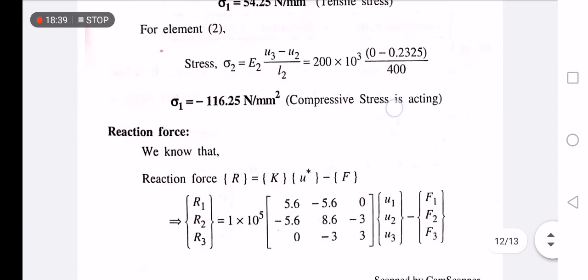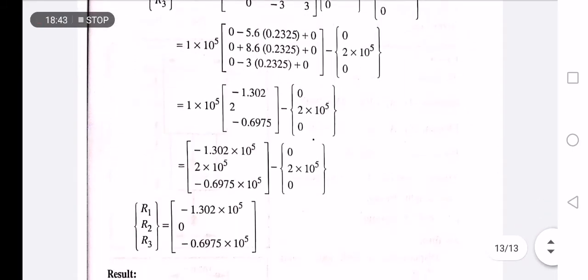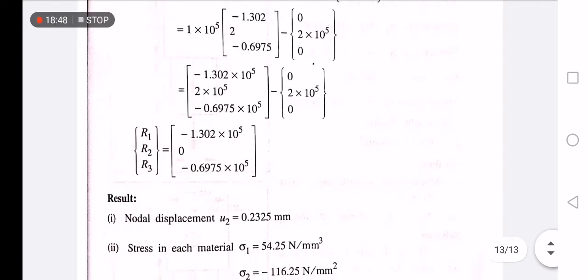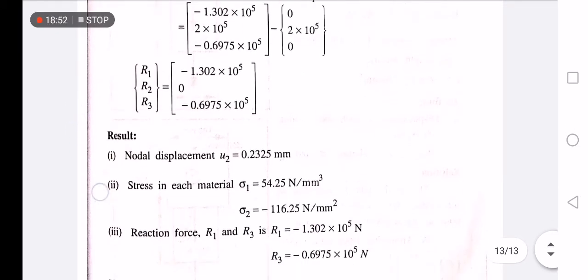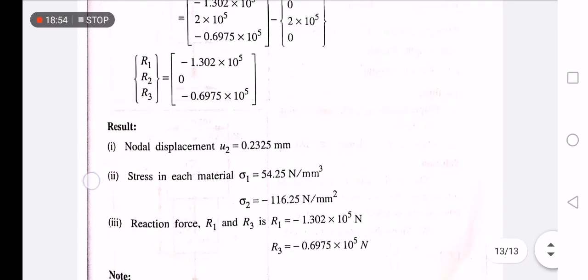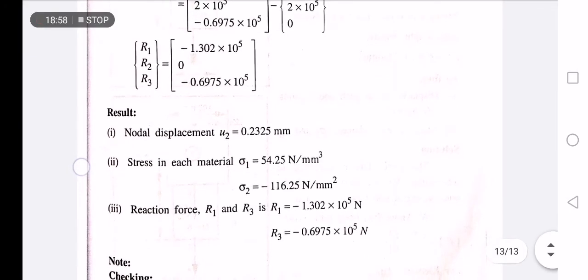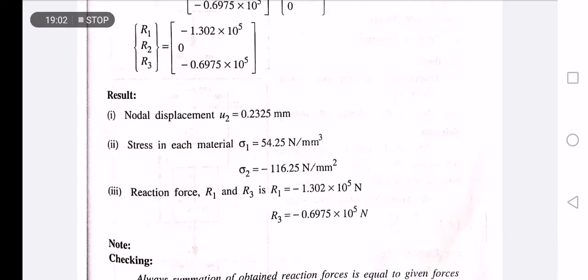We will substitute that, and by direct substitution we will get the results R1, R2 and R3, the reaction forces at nodes 1, 2 and 3. So the results are: nodal displacement U2 we have found, stresses in each element sigma 1 and sigma 2 we have found, and the reaction forces R1 and R3 we have found.